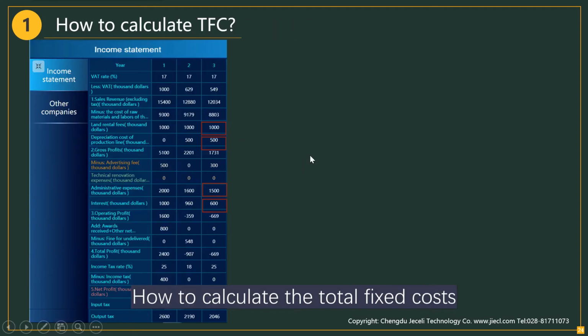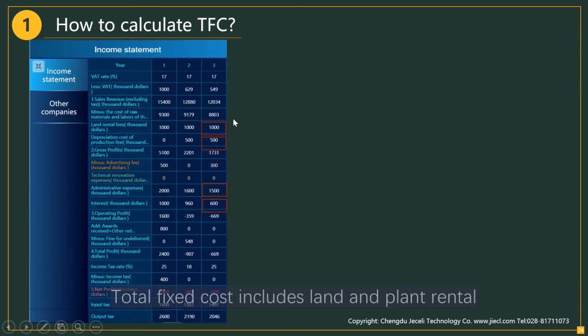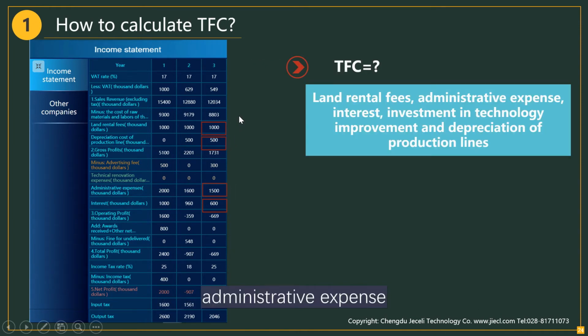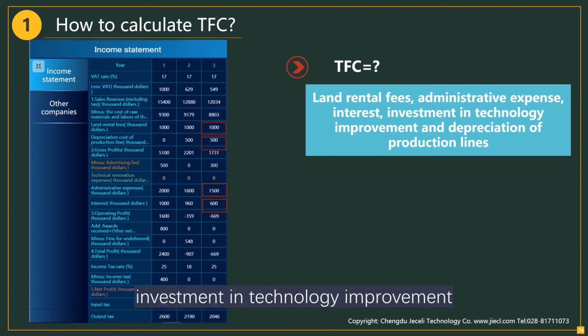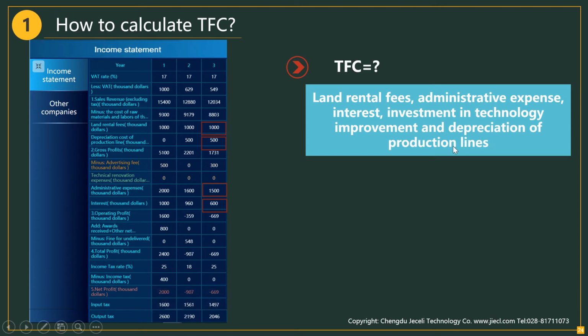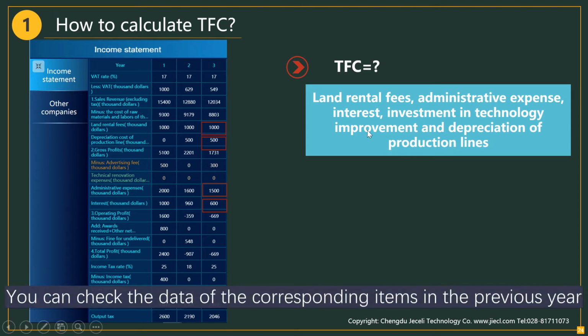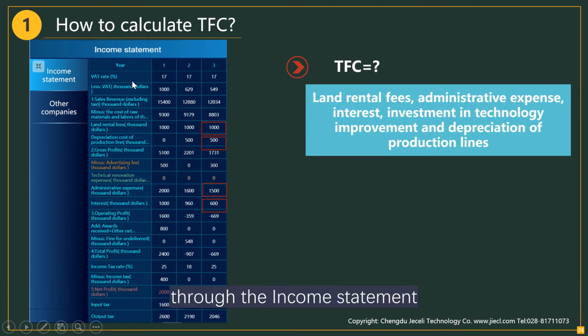How to calculate the total fixed costs? Total fixed costs include land and plant rental, administrative expense, interest, investment in technology improvement, and depreciation of production lines. You can check the data of the corresponding items in the previous year through the income statement.